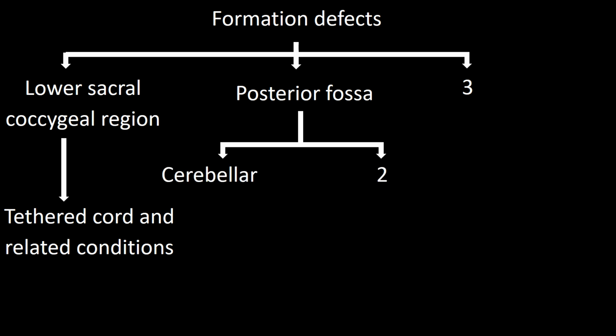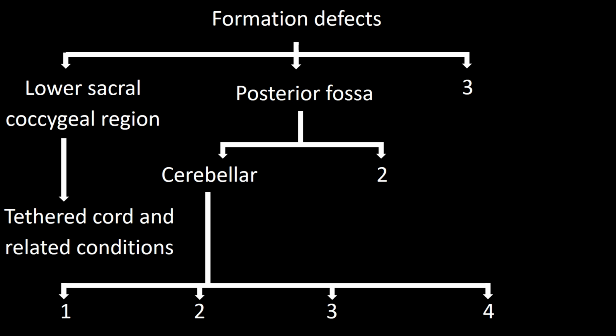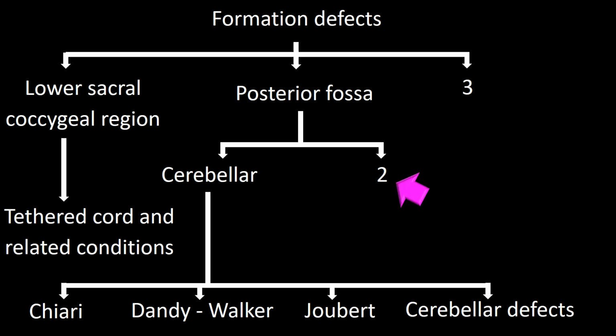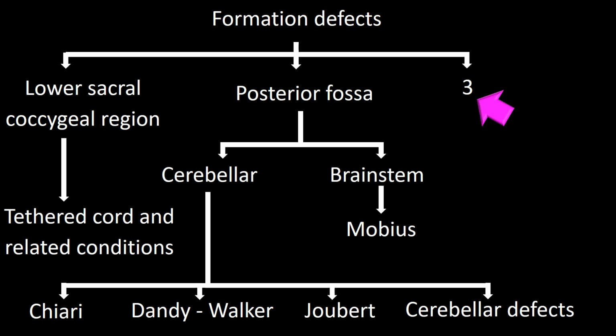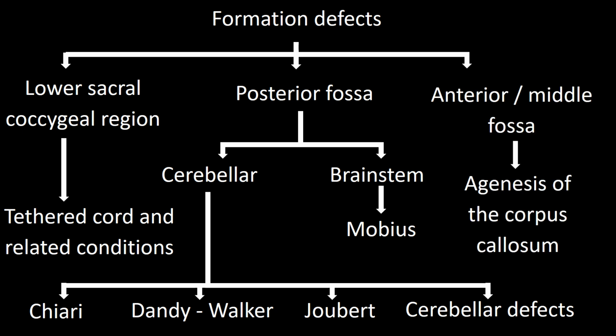Those involving the cerebellum, among which we have four frequent malformation syndromes: Chiari malformation, Dandy-Walker malformation, Joubert syndrome, and cerebellar defects. The other type of posterior fossa defect involves the brainstem, the most frequent being Mobius syndrome. Mobius syndrome is covered in the neuro-ophthalmology class. The third type of formation defects involves a structure in the anterior and middle cranial fossa. In this group, we have agenesis of the corpus callosum. This condition will be addressed in this talk.